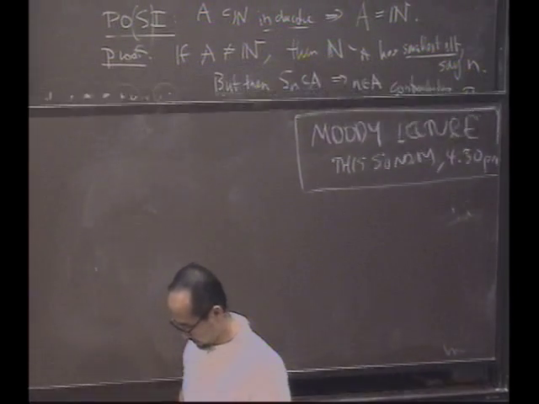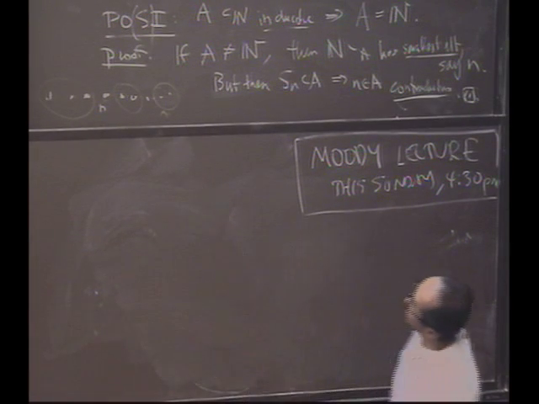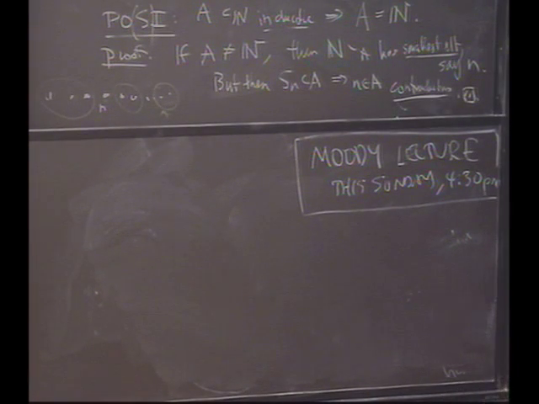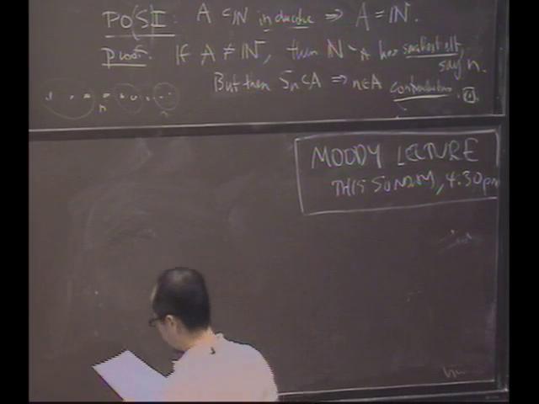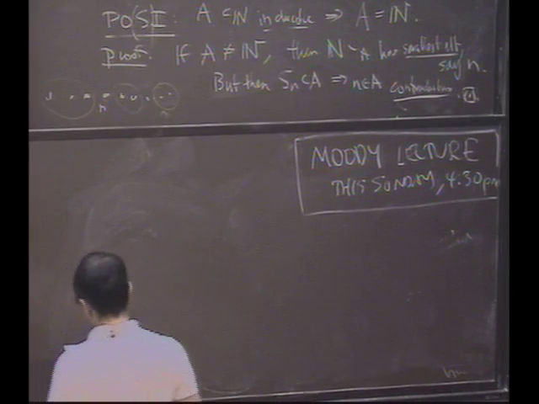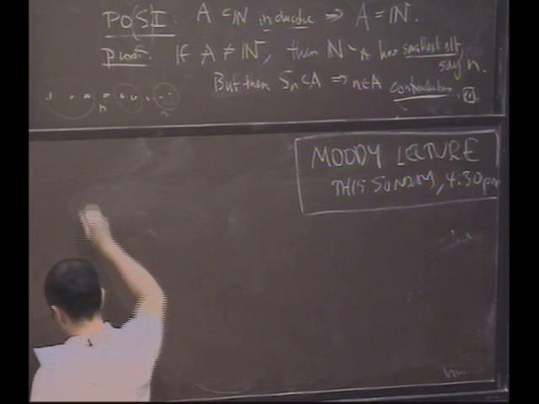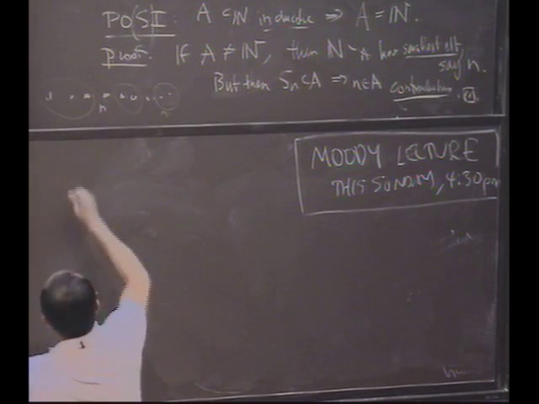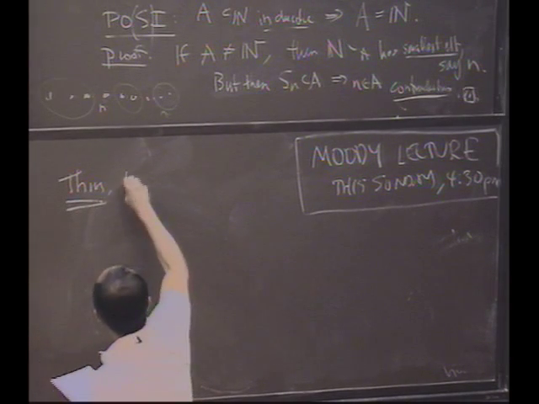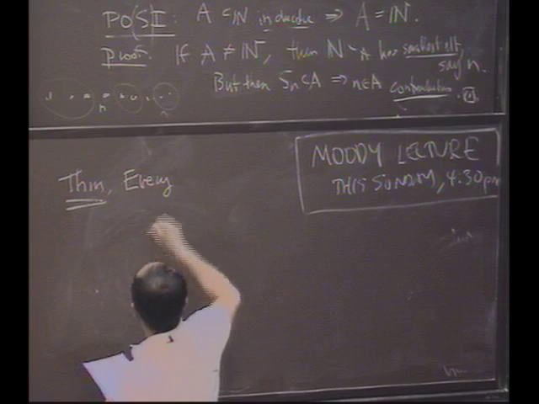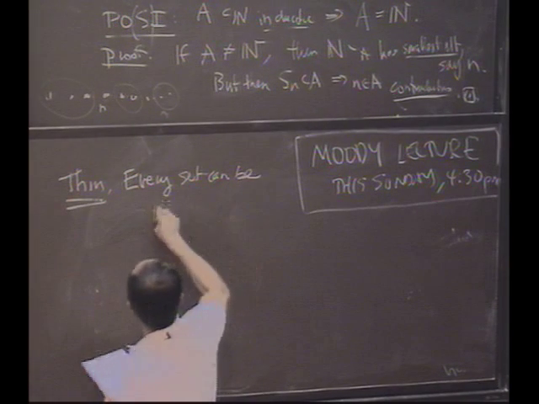We're just going to do exactly the same thing now for sets that are well-ordered but not necessarily finite or countable, or not necessarily of the order type of N. So here's the theorem that we're going to rely on: every set can be well-ordered.